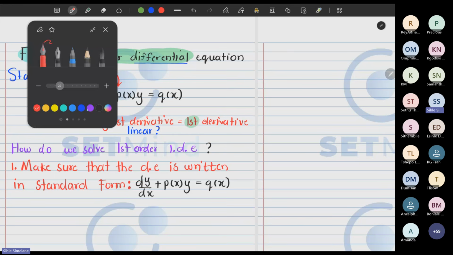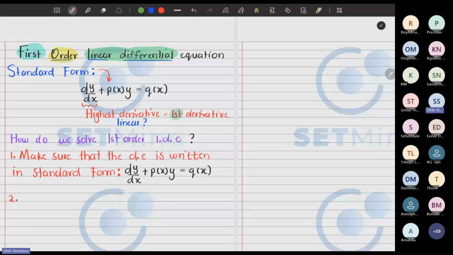So secondly, once you are able to write it in standard form, which is what we have here, you then need to identify some parameters. So which ones? You need to identify P of X and Q of X. So look at where P of X and Q of X are, guys.